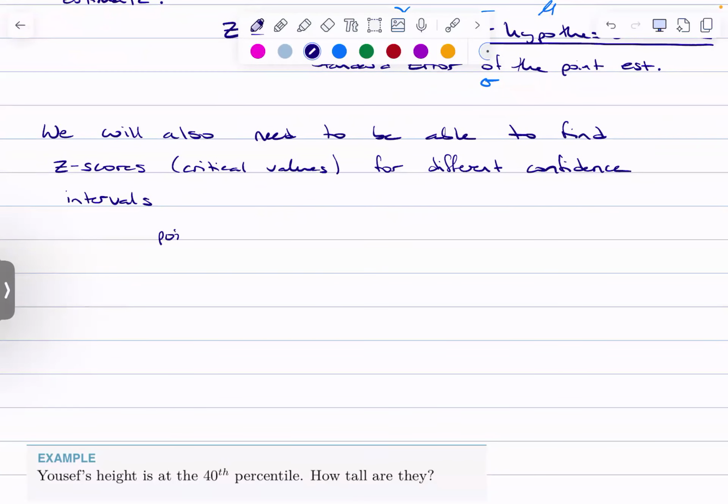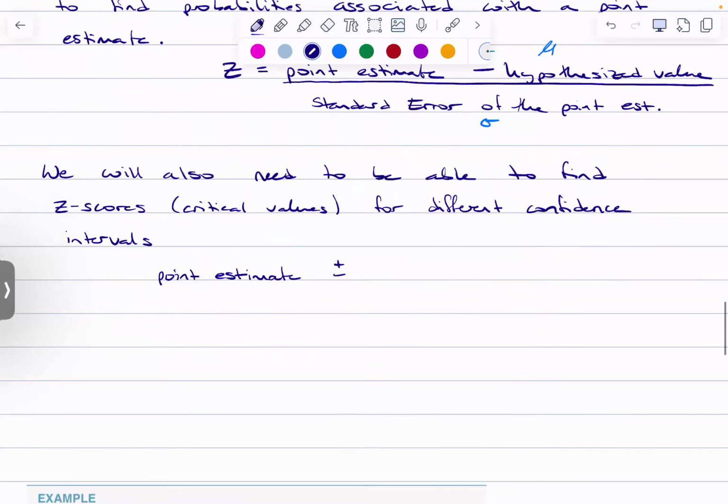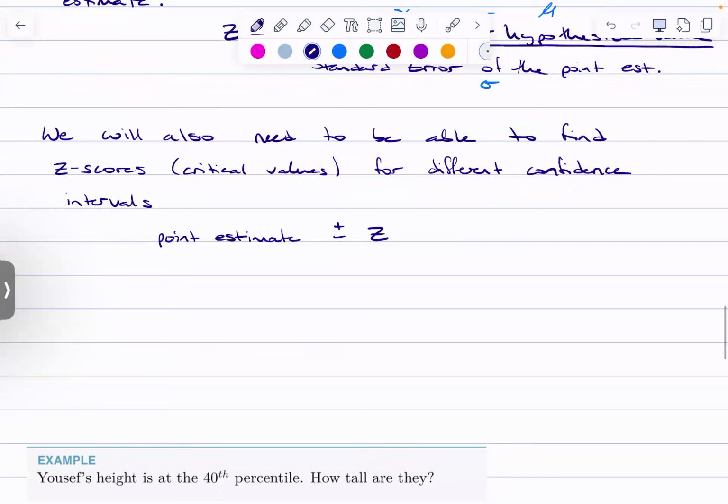You have a point estimate. Hey, that sounds the same as earlier. I know, right? So I have my best guess from my sample, my p hat, for example. And then I go down a little, up a little, in order to capture the central 95 or 90 or 99% of the curve.